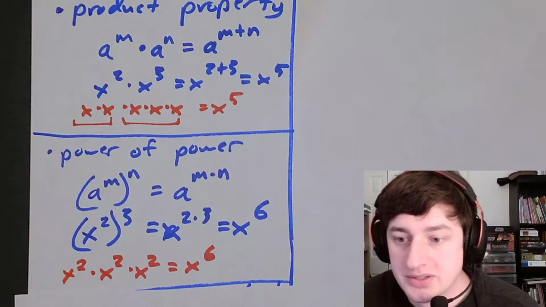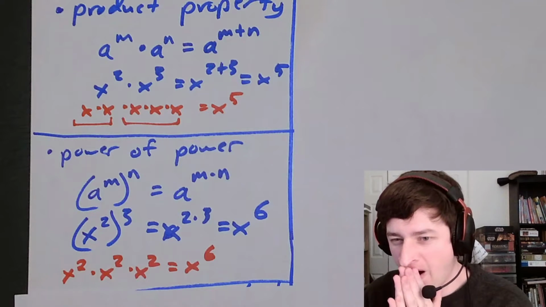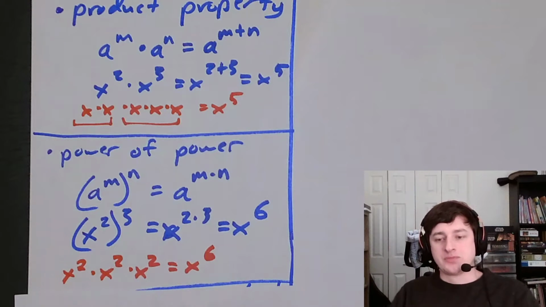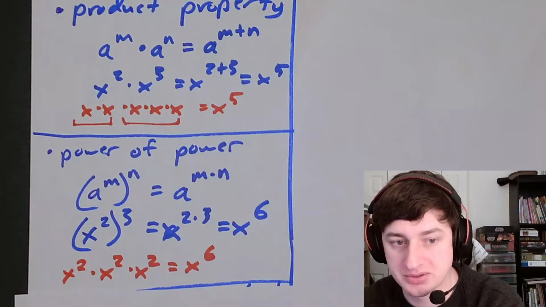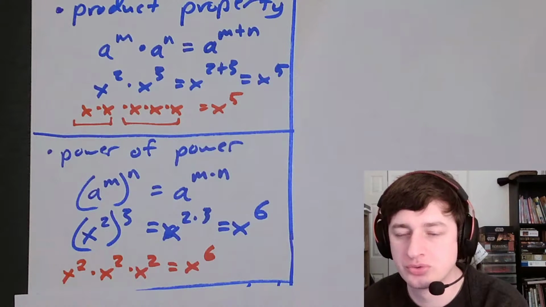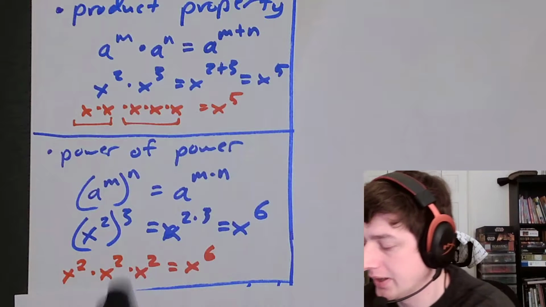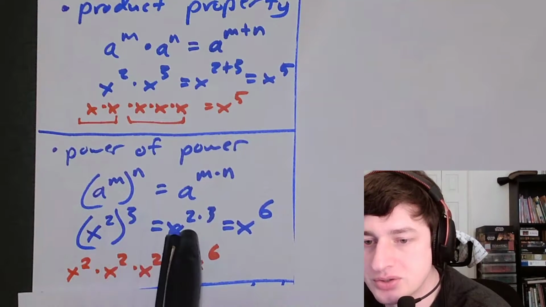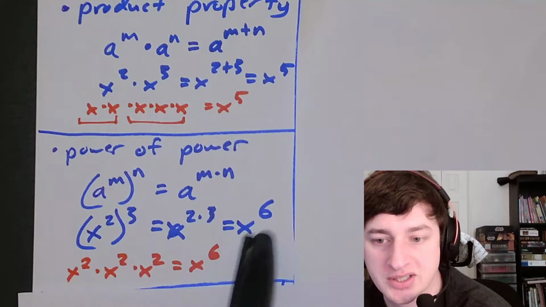For all of these, it's expected that you be able to go both directions. So generally, we're going to go from left to right. We're going to turn x squared to the third power into x to the 2 times the 3, which is x to the 6th.